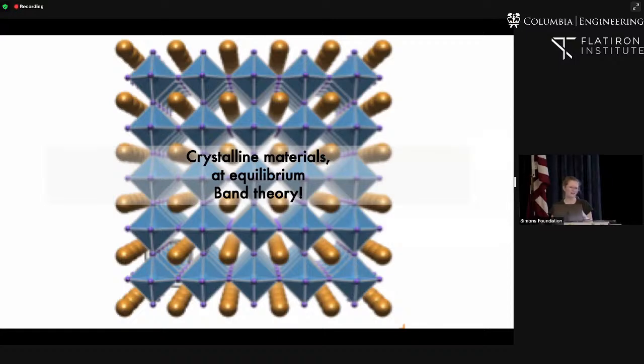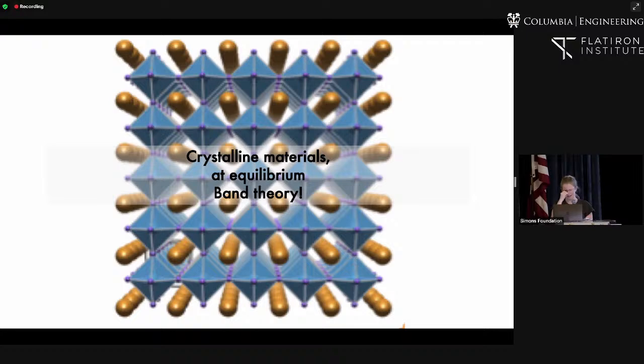I think someone mentioned yesterday, whoever thought we'd still be doing band calculations of different materials and discovering new things. But it really relies on having translational symmetry and crystalline symmetries. So I'm going to say, well, let's just forget about that. Let's pretend we don't have crystalline symmetries anymore at equilibrium and see what happens.